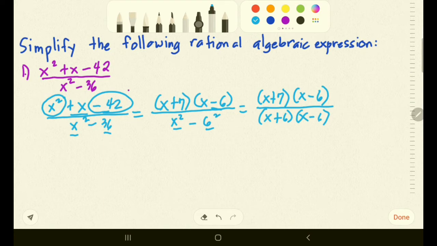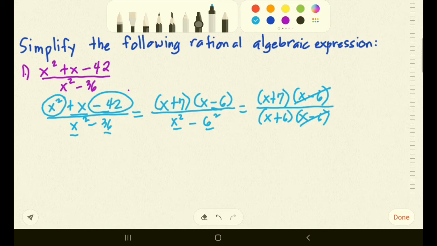As observed, the numerator and denominator already have a common factor, which is the binomial x minus 6. So you cancel that out. By the way, canceling that does not mean you eliminate it or that it's equal to 0. What happens here is x minus 6 divided by x minus 6 is 1, so you just multiply that to x plus 7 over x plus 6.